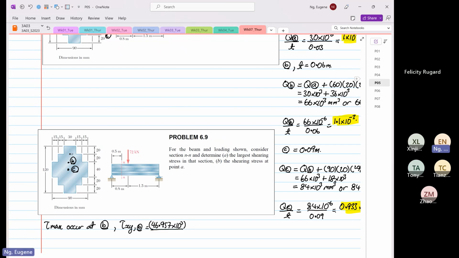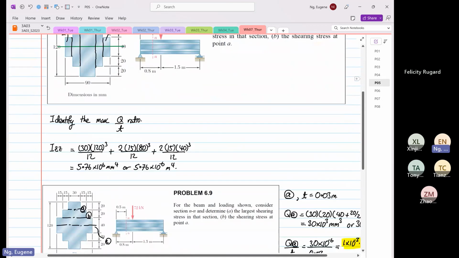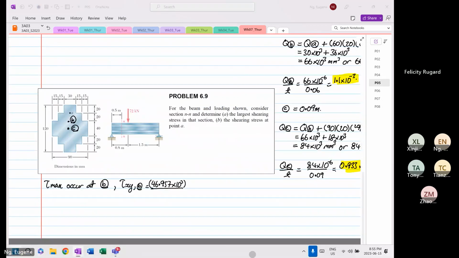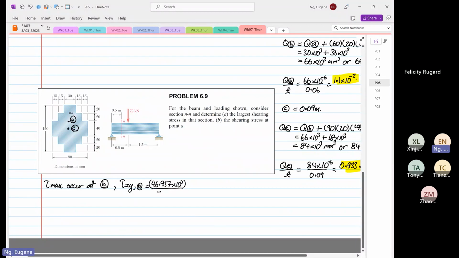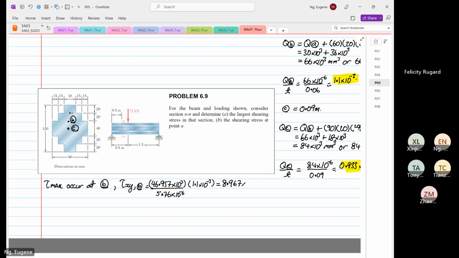Our IZZ, which we calculated, is 5.76. And then we use at point B the ratio 1.1 times 10 to the power minus 3. So 46.957 power 3 times 1.1 power minus 3 divided by 5.76 power minus 6 is equal to 8.967 times 10 to the power 6 Pascal.